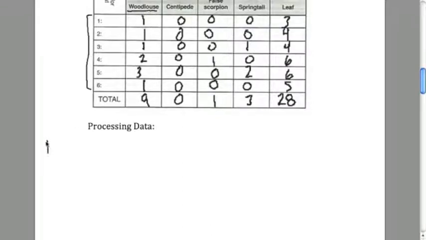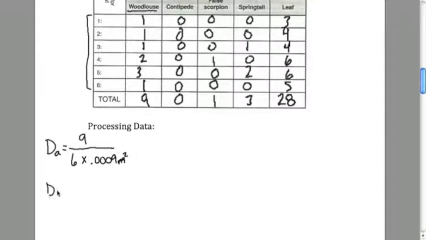And in order to get the density of the woodlouse, let's call that species A, we need to take the total number of the species. And in this case, we want to get the area of that species, but we need to take the number of quadrants we sampled, which is 6, times the area of one quadrant, which is 0.0009 meters squared.